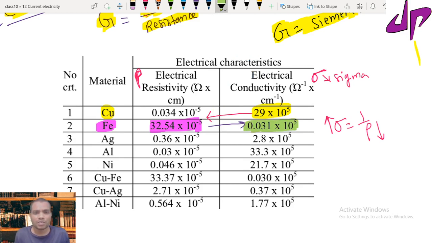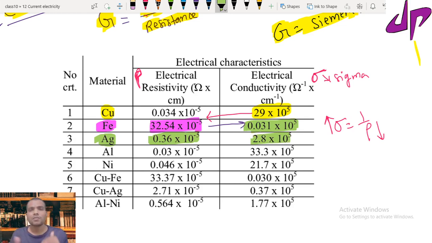Similarly, below that, silver. Silver is a good conductor, so it should have very low resistance. And when it comes to conductance, it has good conductance, 2.8 times 10 power 5 ohm centimeters inverse.